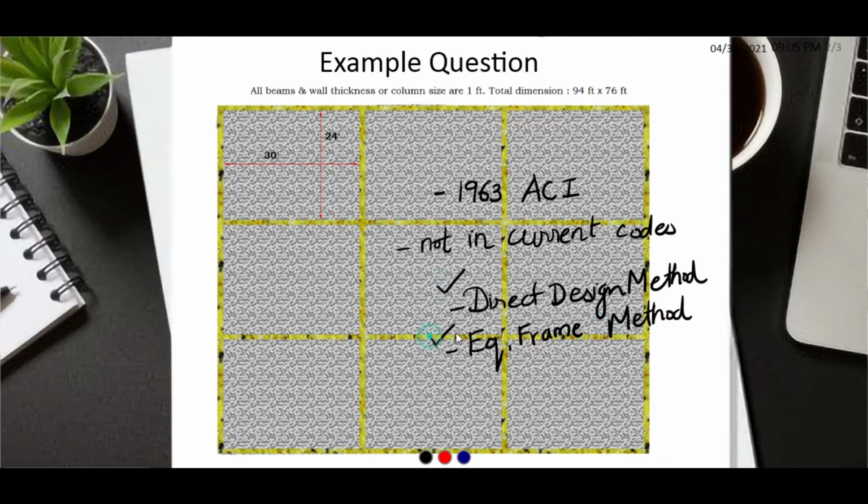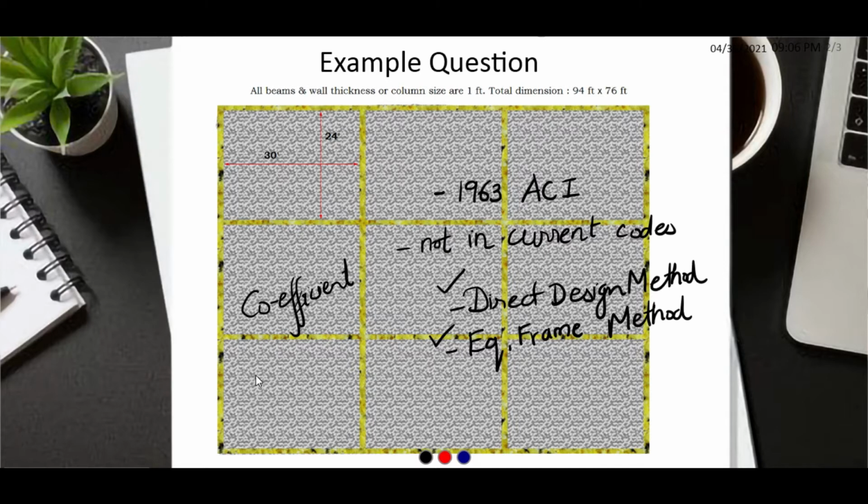I will teach these two methods in a separate video, but this method, the moment coefficient method, is still applicable these days and it is widely used in many countries but not in the USA.